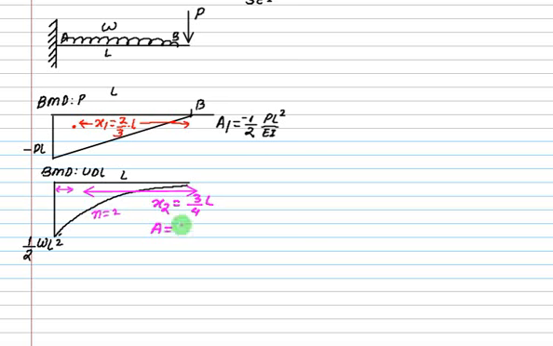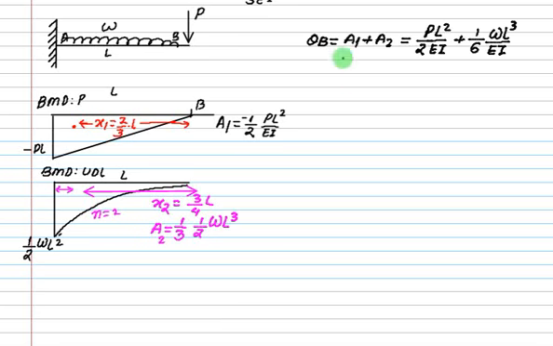Is it 1 by 2 or 1 by 3? It is 1 by 3, base into height. The base is L and the height is 1 by 2 W L square, so this is WL cube over 6. So the area is A1 plus A2 divided by EI actually.